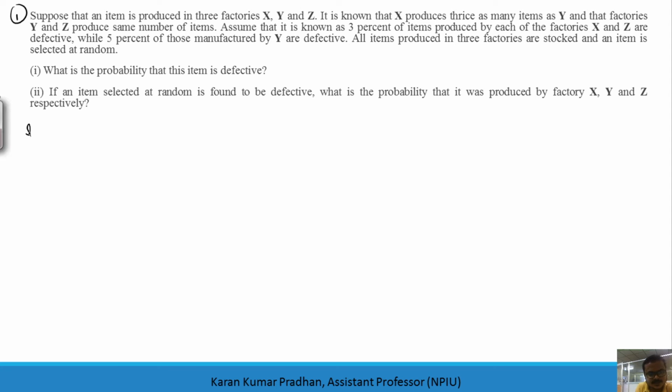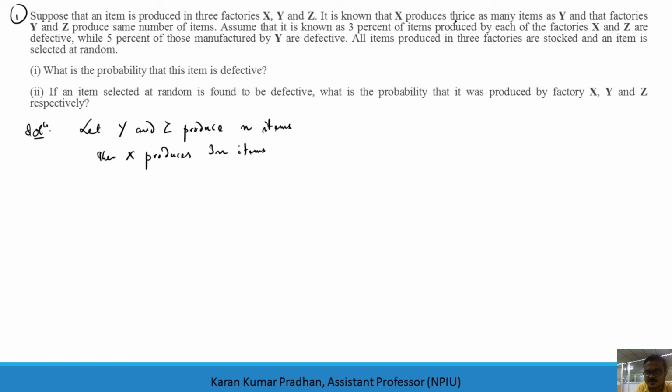So for the solution, what you will do, let Y and Z produce n number of items, right? Then X produces definitely 3n items, right?